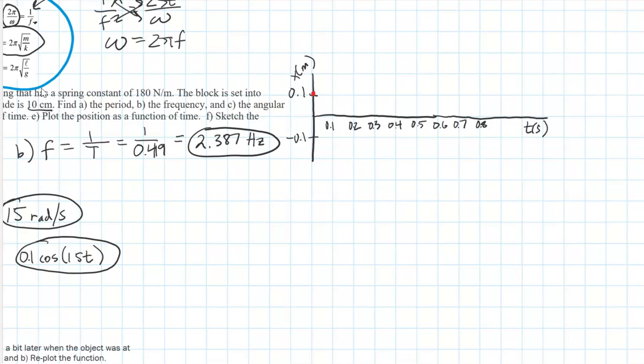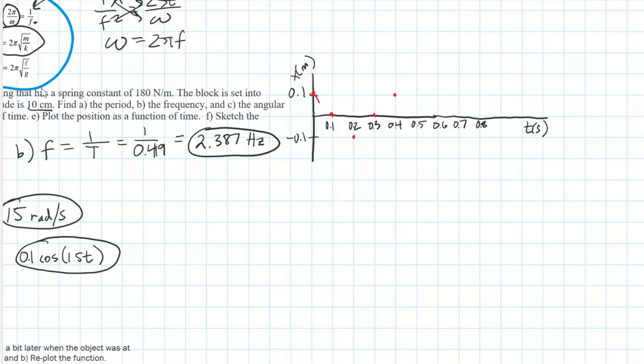So that's going to be at around 0.1 second. And then at around 0.2 seconds, it's going to be at its negative amplitude. And then back at 0.3 seconds, it's going to be back at equilibrium. And at around 0.4 seconds, it's going to be back at its original position. And it'll do that for another full cycle.